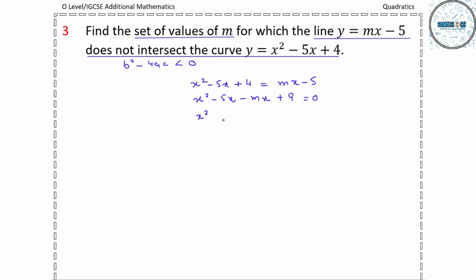We can write it as x squared minus 5 minus m is the coefficient of x plus 9 is equal to 0. Now we will write the values of a, b, and c. A is 1, b is minus 5 minus m, and c is 9.